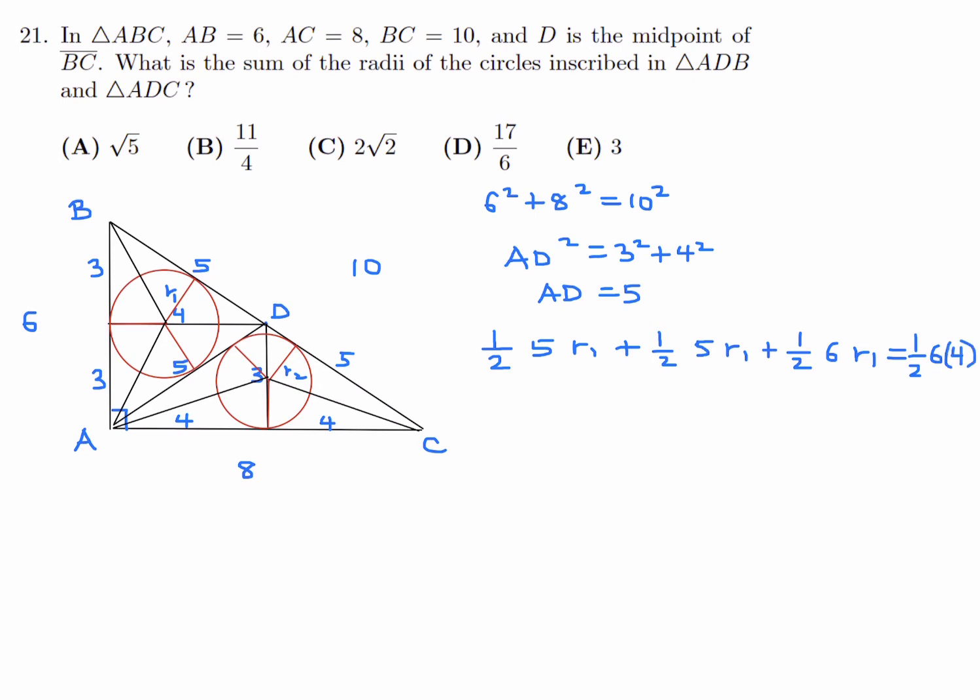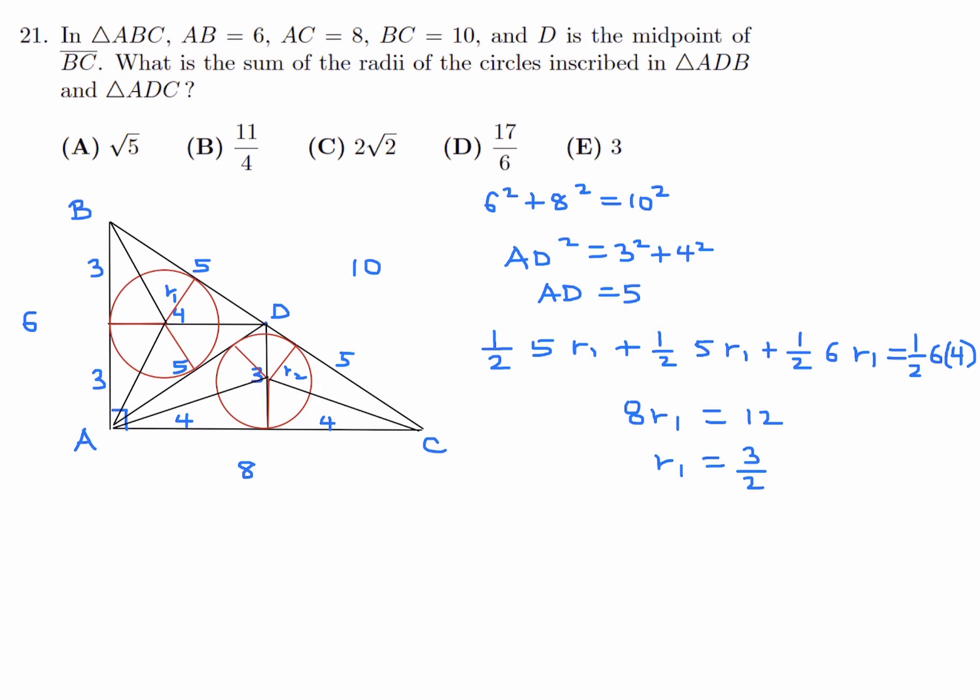So this is the equation that will allow me to figure out R. When I add all this up, I get 8 R1 is equal to 12, and therefore R1 is equal to 12 over 8, which would be 3 over 2.